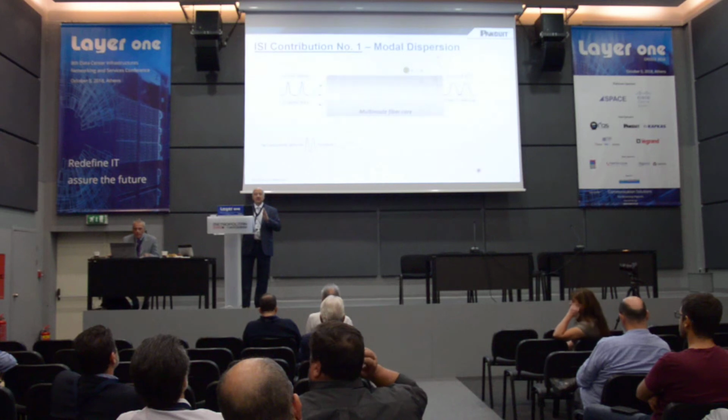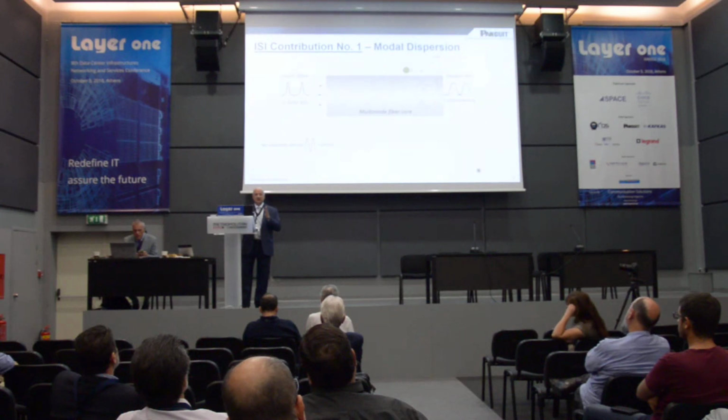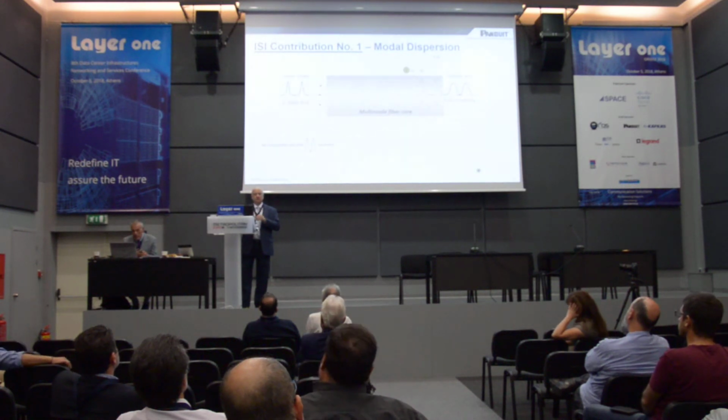So with 10 gigabit, this hasn't been too much of a problem. Insertion loss is what limited the channels. But when you start packing these data bits close together, as you're doing with 25 gig and 50 gig and beyond, they're so close that this modal dispersion is going to destroy your performance.